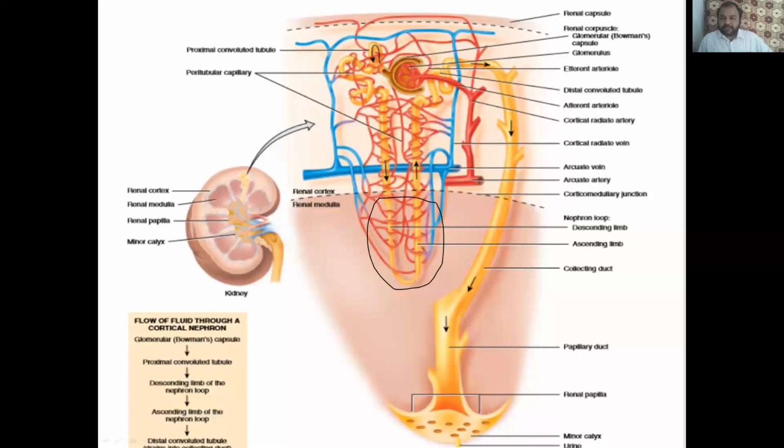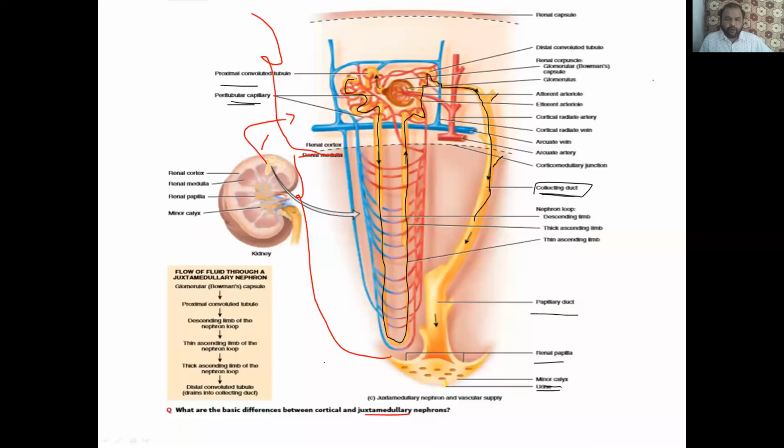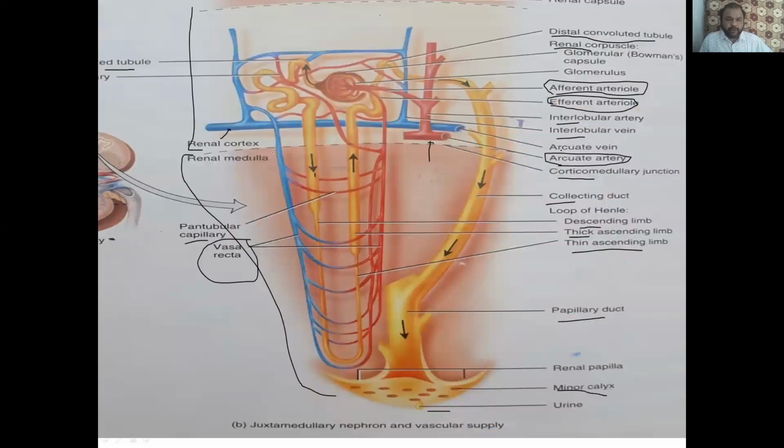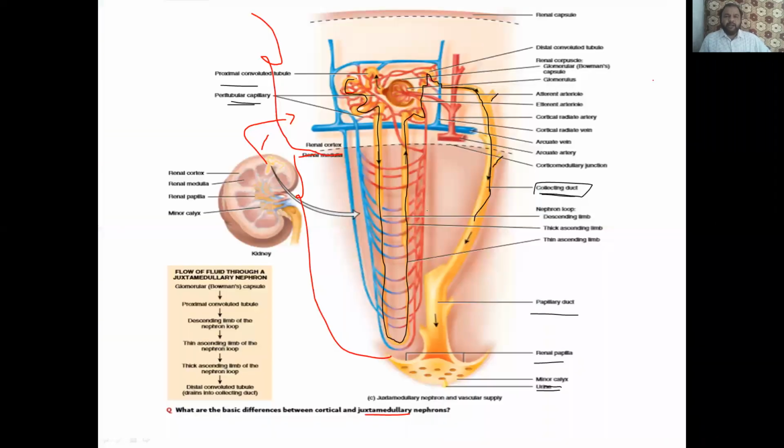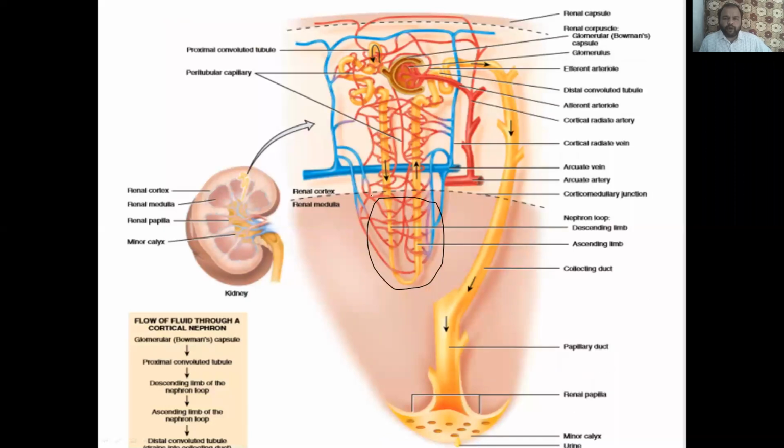In case of the juxtamedullary nephron, the part of loop of Henle is very long. But in case of the cortical nephron, the part of loop of Henle that resides in the medulla is very short. Since it has a short loop of Henle, it is also called the short nephron.